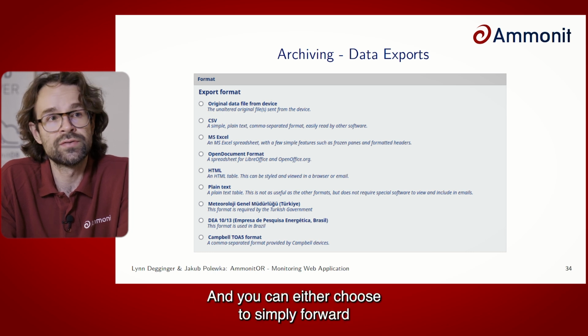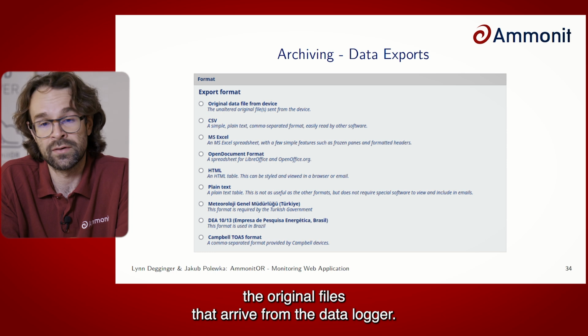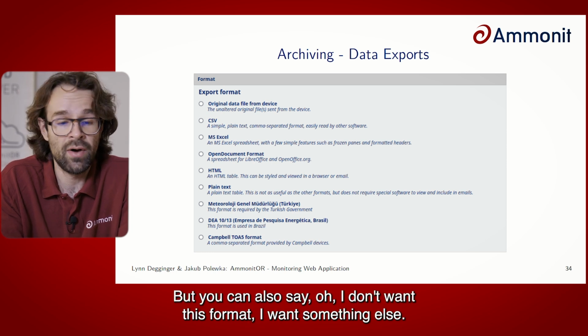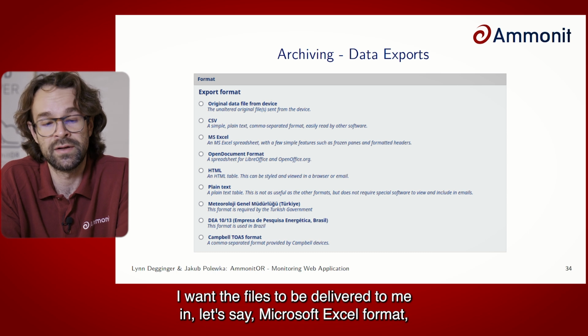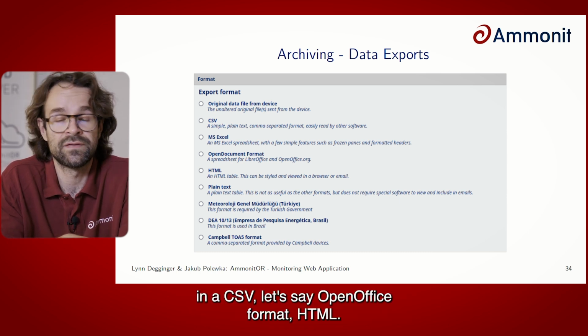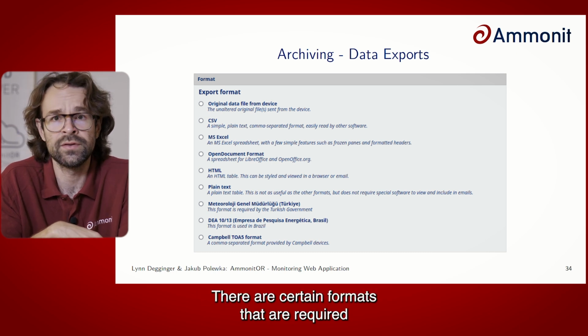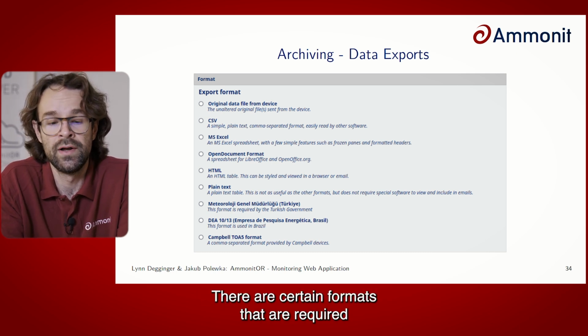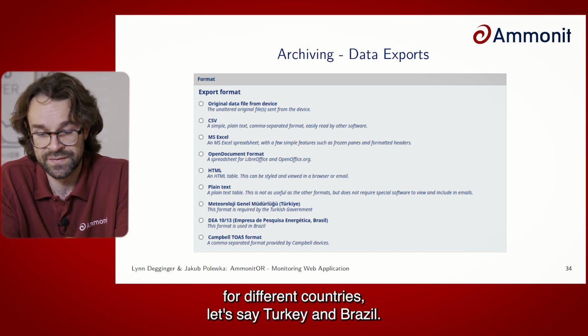And you can either choose to simply forward the original files that arrive from the data logger, but you can also say, oh, I don't want this format, I want something else. I want the files to be delivered to me in, let's say, Microsoft Excel format, in a CSV, OpenOffice format, HTML. There are certain formats that are required for different countries, let's say Turkey and Brazil.